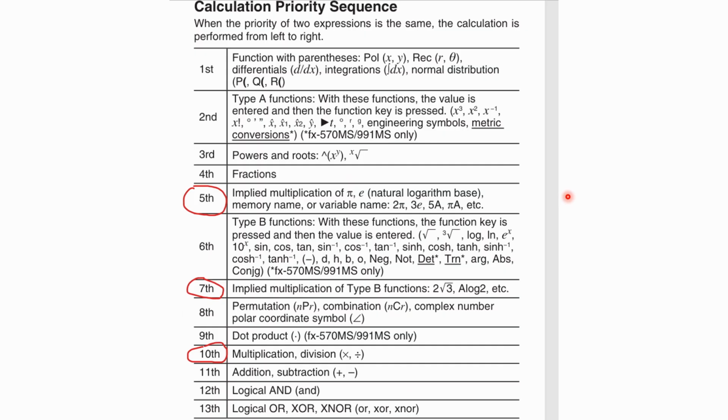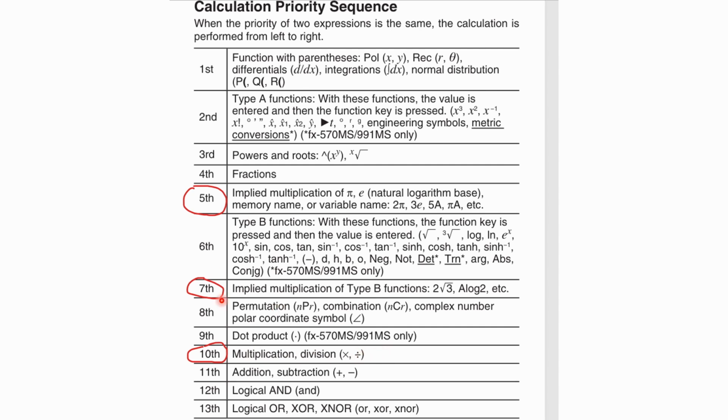And again here, if you look at the calculation priority sequence in the manual for that calculator, step 5 here is implied multiplication of pi or natural logarithm base, memory name or variable name, 2 pi, 3e, 5a, pi a, etc. The 7th step is implied multiplication of type B functions, again, 2 times the square root of 3, a log 2, etc. And then down here in step 10, it's multiplication and division with a multiplication symbol and division symbol.